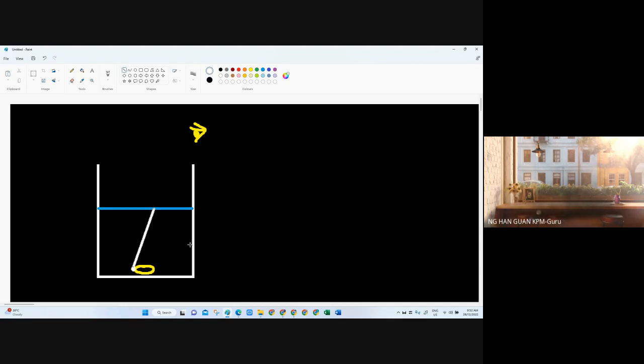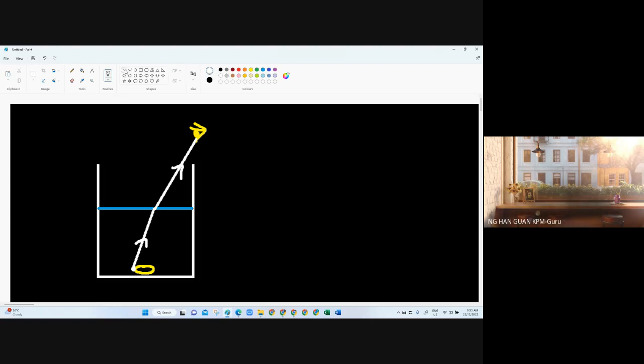After that, when it gets out from the water, it will be deflected away from the normal, because the light is traveling from the optically denser into the optically less dense medium. So it will bend into the eyes, okay, like this. So here is how the light travels, entering the eyes.